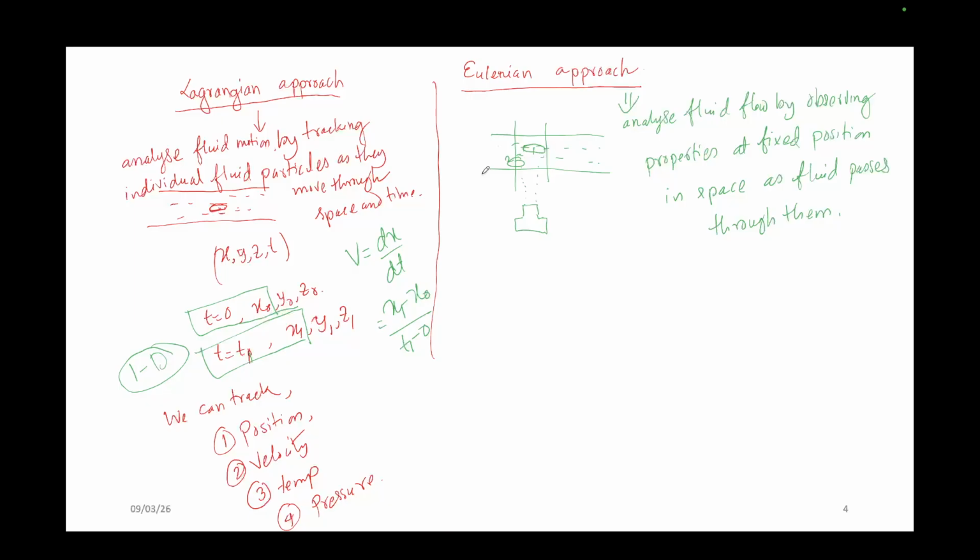So these properties will change. How will the property be? The fluid properties are a function of space, meaning position, like x, y, z, and time.